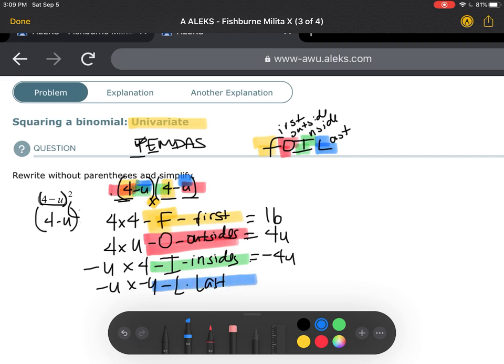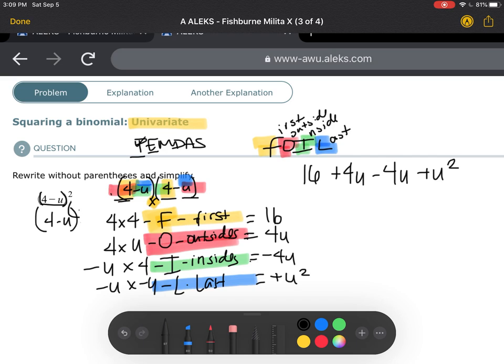And negative u times negative u is positive u squared. Now that I have done all the multiplication part, I can take this and simplify it. So I have 16 plus 4u minus 4u plus u squared.